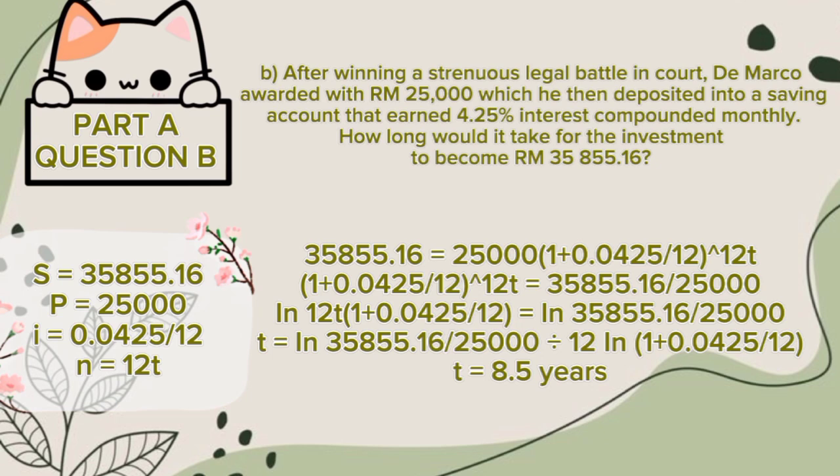We need to use the compound interest formula. 35,855.16 ringgit equal 25,000 times 1 plus 0.0425 per 12 power 12t, and then calculate it. The final answer will be 8.5 years.